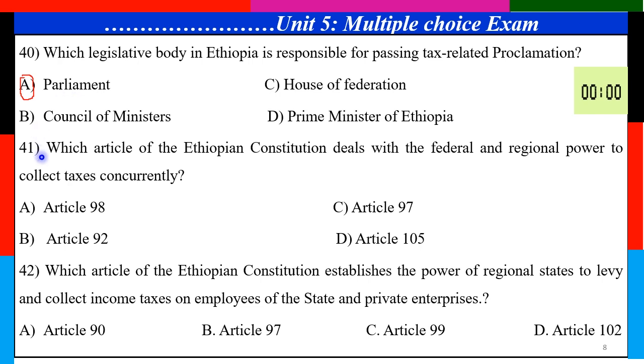Okay, question number 41. Which article of Ethiopian Constitution deals with the federal and the regional power to collect tax concurrently? A. Article 98. B. Article 92. C. Article 97. D. Article 105.